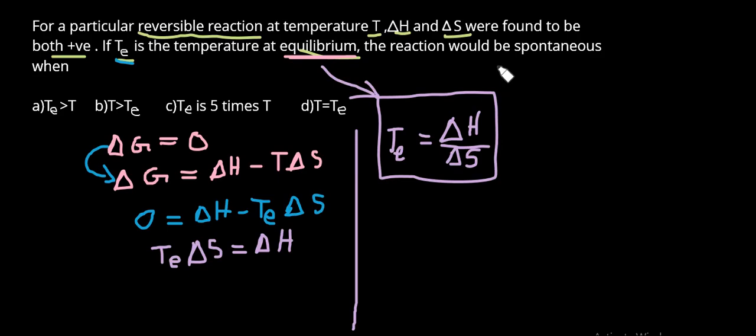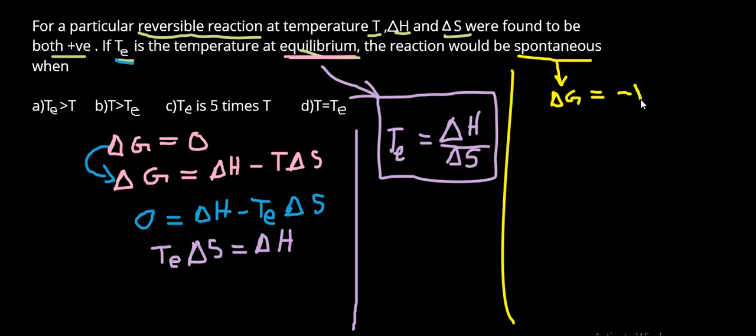Then we need to find when the reaction is spontaneous. When the reaction is spontaneous, ΔG will be negative. So ΔG at spontaneous is going to be less than 0.